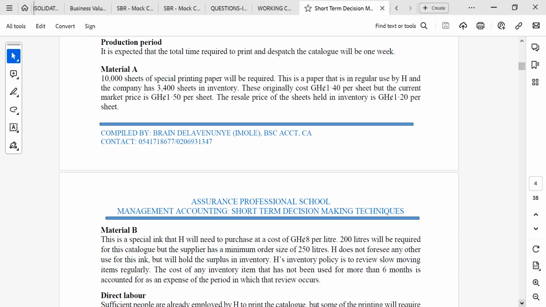H's inventory policy is to review slow-moving items regularly. The cost of any inventory item that has not been used for more than 6 months is accounted for as an expense of the period in which that review occurs.